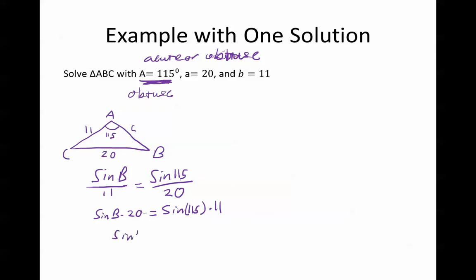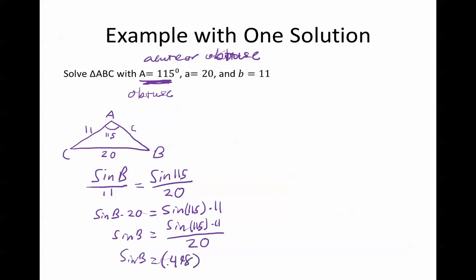So sine B equals sine of 115 times 11 divided by 20. And when you do that up in your calculator, you end up with sine B equal to approximately 0.498. Now I'm rounding off there, so our answer is going to be a little bit inaccurate.